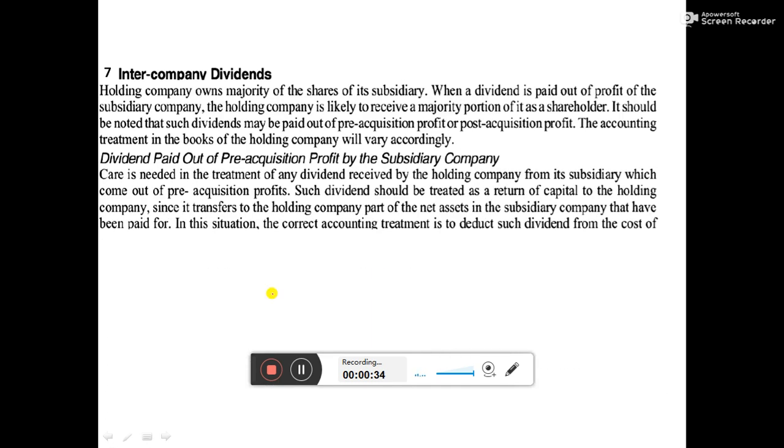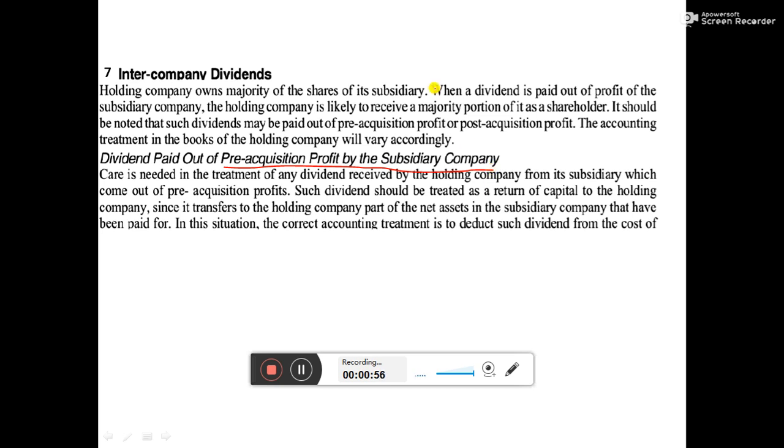Dividend paid: the first case is if the dividend is paid out of pre-acquisition profit by the subsidiary company. That is, whenever the holding company is acquiring a subsidiary company, if before acquisition the subsidiary company is giving dividend to the shareholders, what will be the effect?